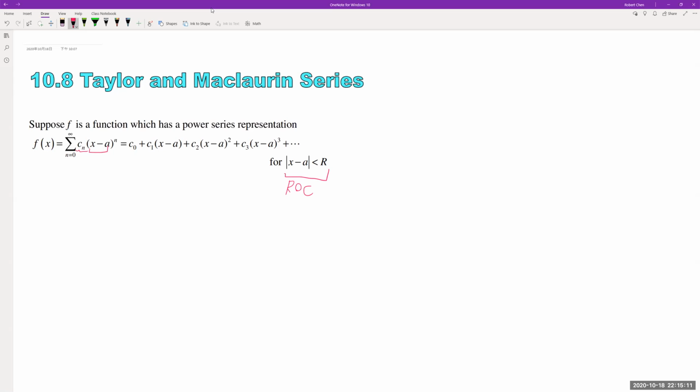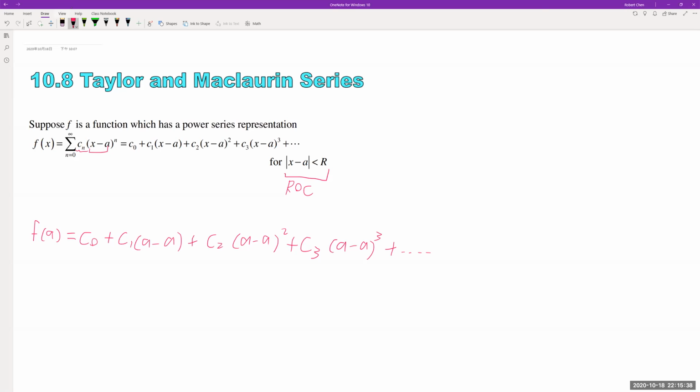So let's say I am going to evaluate the function at a. That means I'm going to plug in a into all the x's. So I have c0 plus c1 times (a minus a) plus c2 times (a minus a) squared, plus, let's do one more, c3 times (a minus a) cubed, and so on.